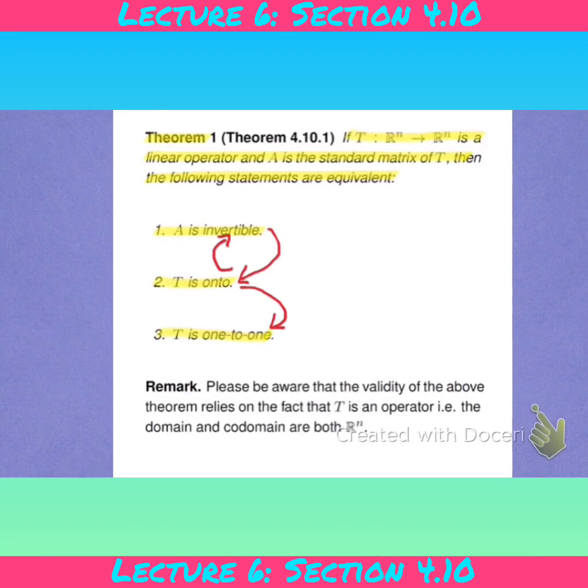And we've also shown that if T is 1 to 1, then A is invertible, which implies T is onto. So you could also have that if T is 1 to 1, it implies that T is onto. Therefore those three statements are mathematically exactly the same. They're equivalent.